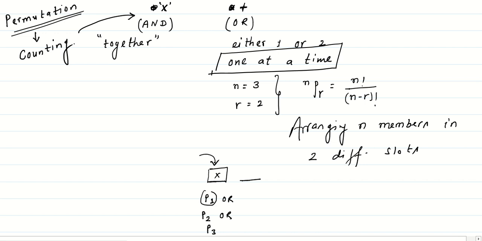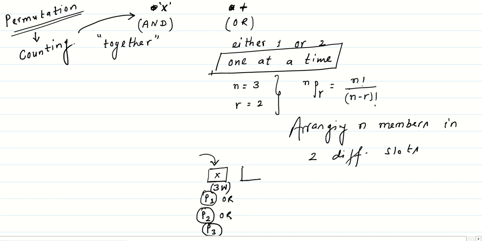P1 can sit, or P2, or P3, which means 3 ways. I am adding the different chances: the first way, second way and third way. But keep in mind, at a time only one member takes the chair.